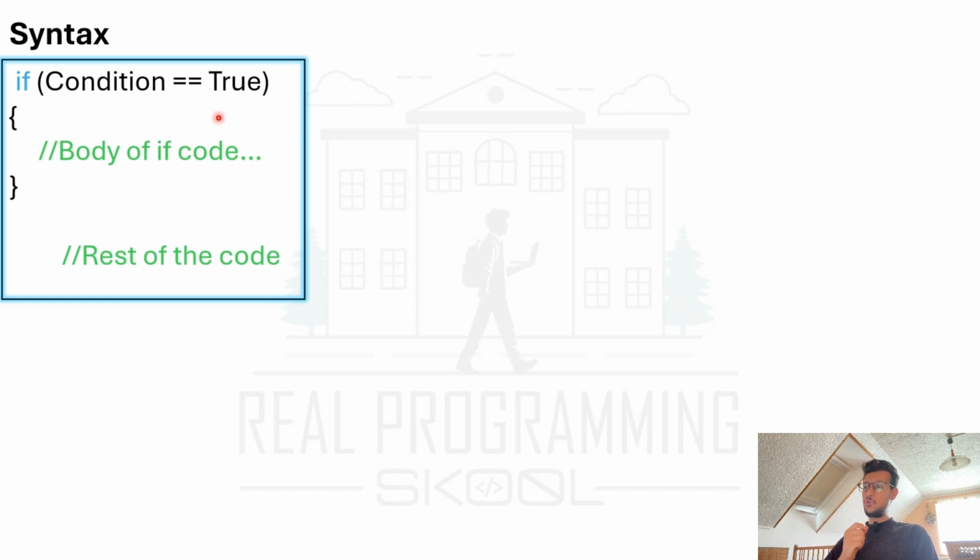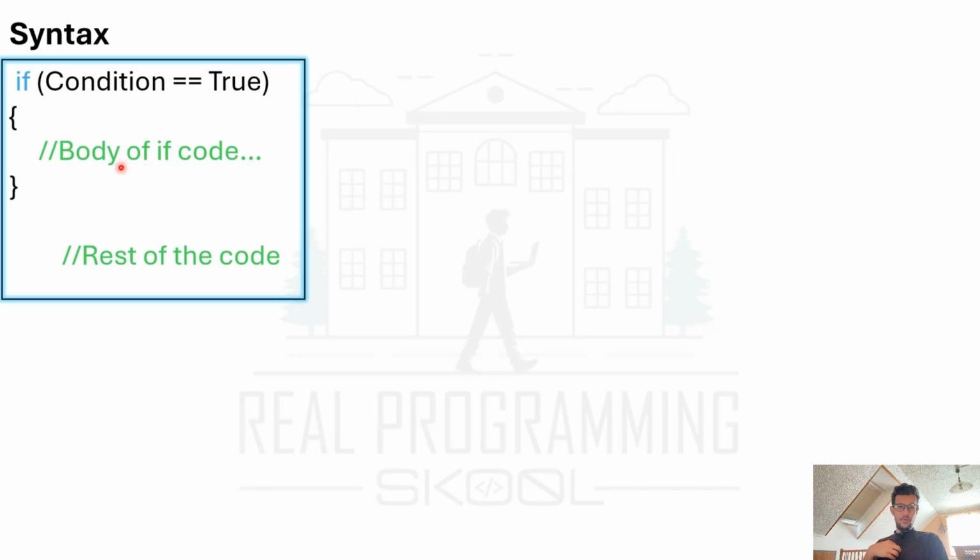If the condition is true, the compiler will go inside the if statement and execute the body of the code that we put between the curly brackets after the if keyword, the lines of code that we write as developers.